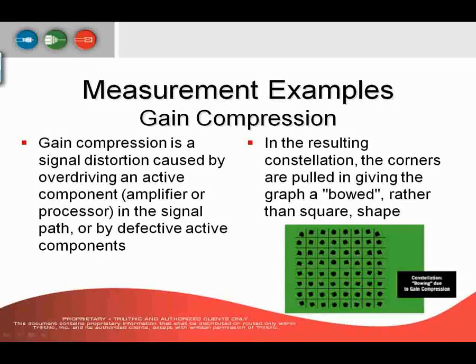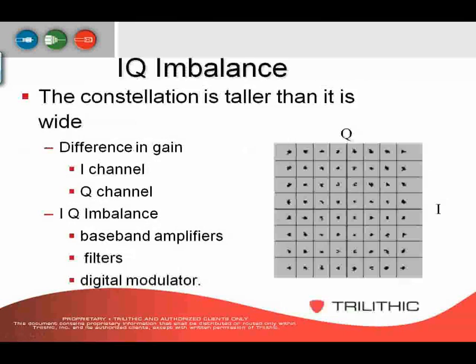When you see that type of pattern, it comes from gain compression. Then there's IQ imbalance. With IQ imbalance, the display will look taller than it does wide. This is going to be a head-end type thing that comes from baseband amplifiers, filters in the head end, digital modulators, and so on.